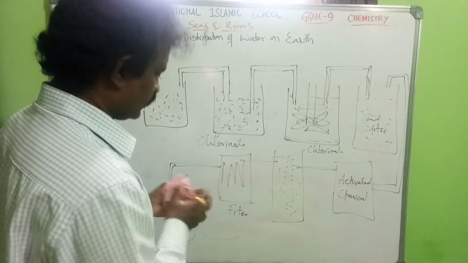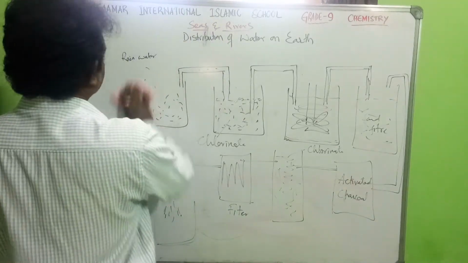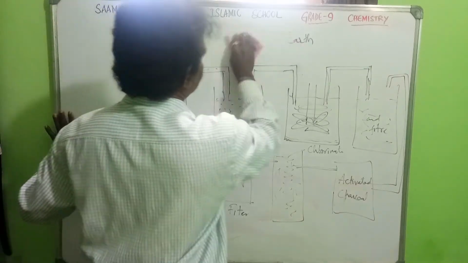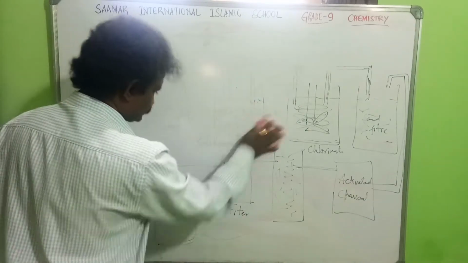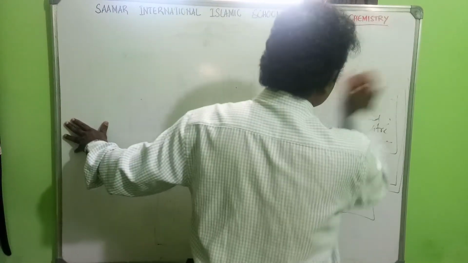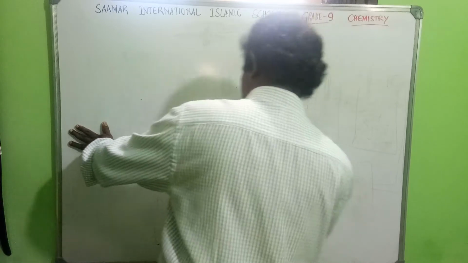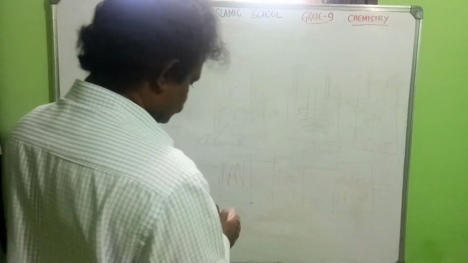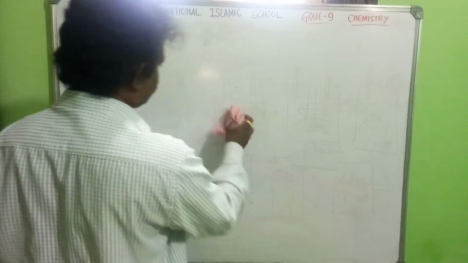Now the next one we learn is earth crust. This is how the water has been treated. Clear? Now let's learn earth crust. In that earth crust, we will come across the rock cycle and the limestone cycle.